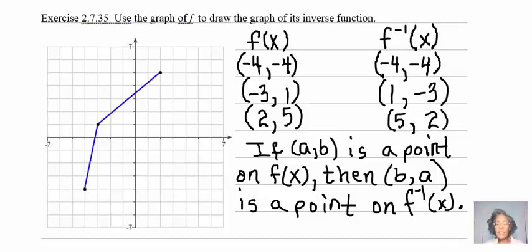All right, so that's the reflective property of a function and its inverse.